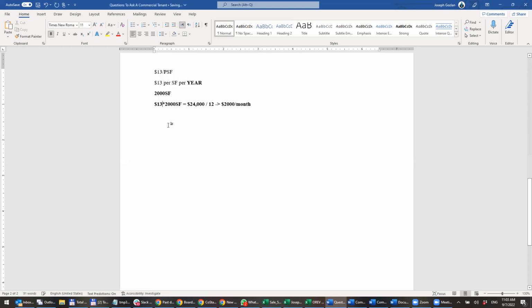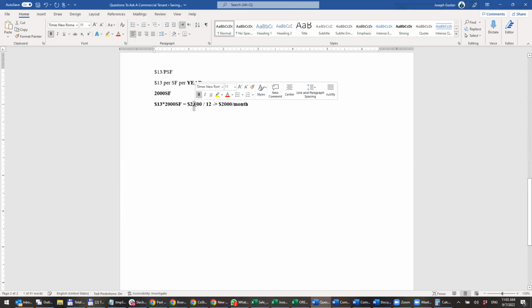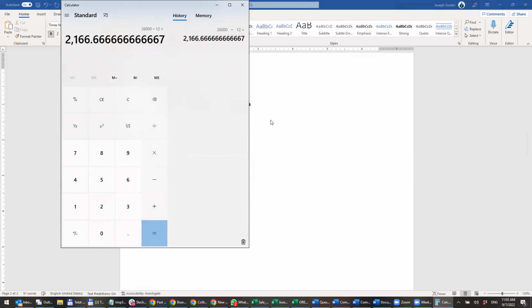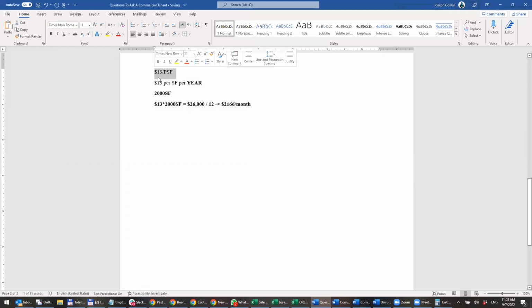Then I would put 13 over here, and that would be $26,000. And then when I take the $26,000 and divide it by the 12 months, my monthly payment is going to be $2,166. Okay, so when somebody presents a lease rent asking price in terms of per square foot, it's per square foot per year, unless otherwise stated.